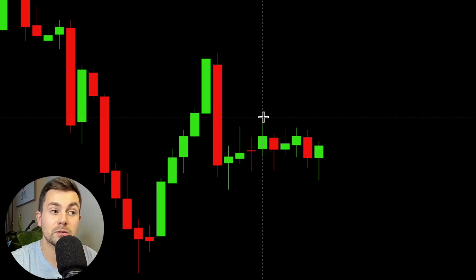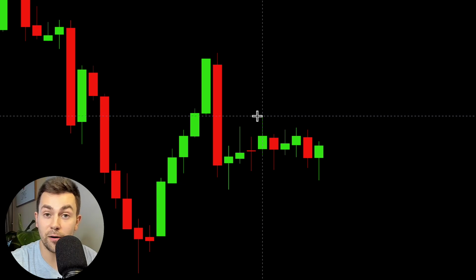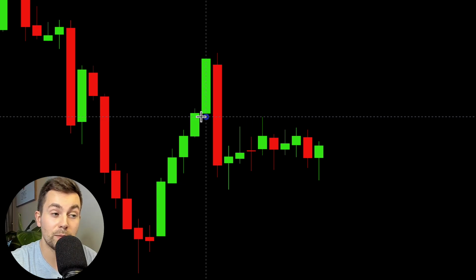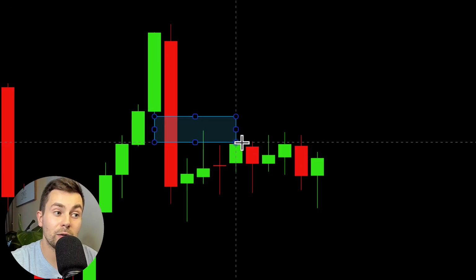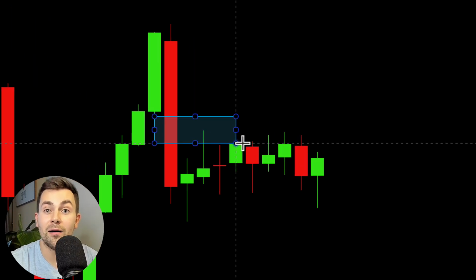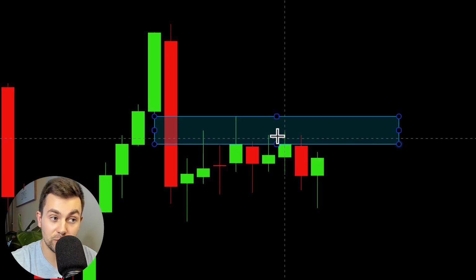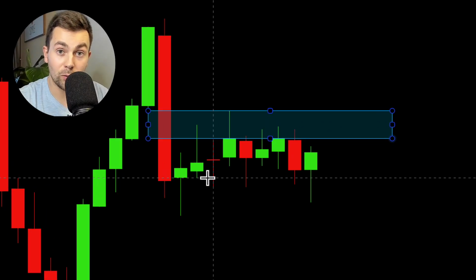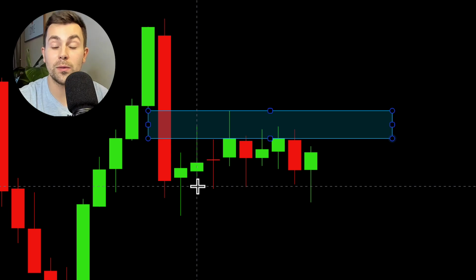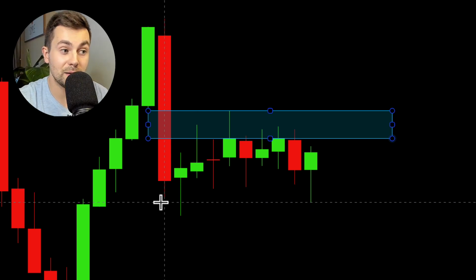When you draw the resistance, you simply take the highest high of the consolidation. It will be the upper boundary of the resistance, and its lower boundary will simply be the highest candle close. So that is our resistance. The support of the consolidation will be based on the same rules.